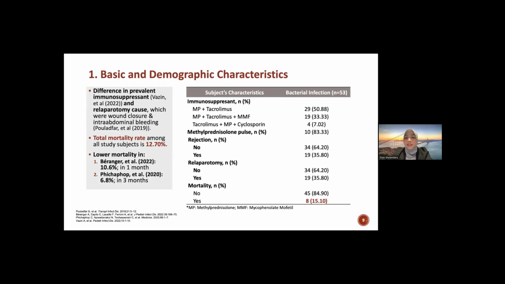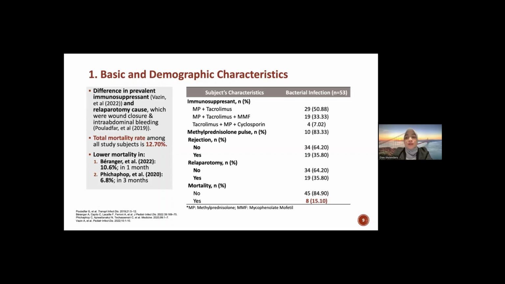Mortality rate within the bacterial infection group is 15.10%, and all subjects with an outcome of mortality came from this group. Total mortality rate among all study subjects is 12.70%. Beranger et al. and Pichapov et al. reported lower mortality. Beranger et al. reported 10.6% in 1 month, and Pichapov et al. reported 6.8% in 3 months.